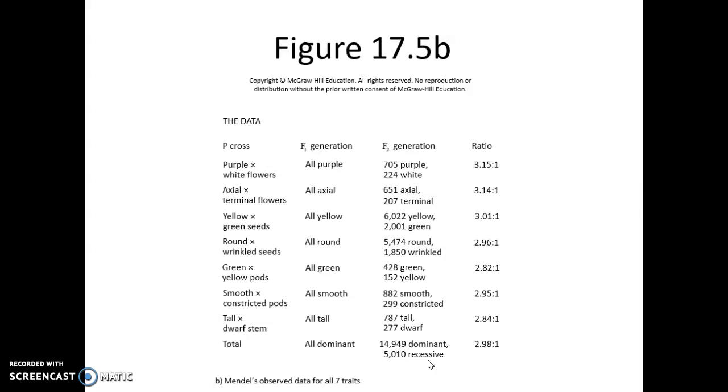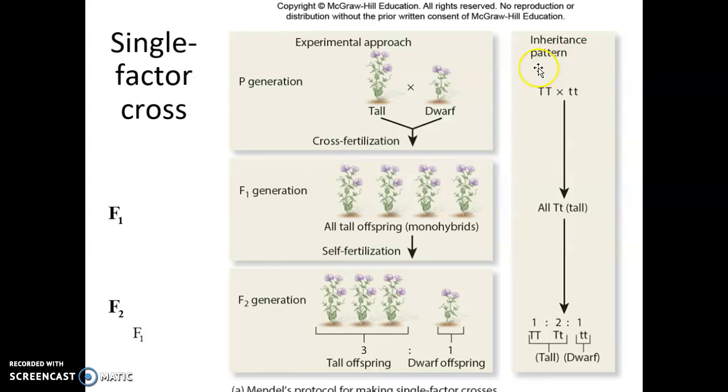So he looked at a lot. This is what science is about. You need numbers behind it, right? You need to be statistically sound. And the ratio that he sees all the time is this 3-to-1. It's not perfect. Sometimes a little higher, sometimes a little bit lower. But if it's 3-to-1, it is because this is how genes work.